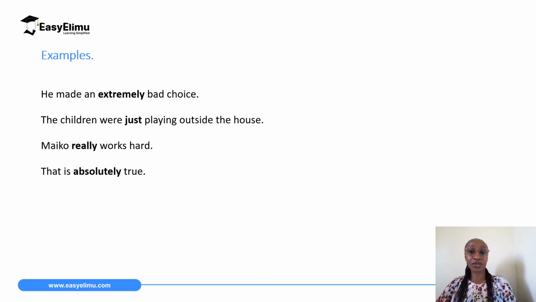It is correct to say Michael works hard. But how hard does Michael work? Really hard. So really is an adverb of frequency or an adverb of degree. And lastly, that is absolutely true. It would be correct to say that is true. But how true is it? Absolutely true. So absolutely is an adverb of frequency.